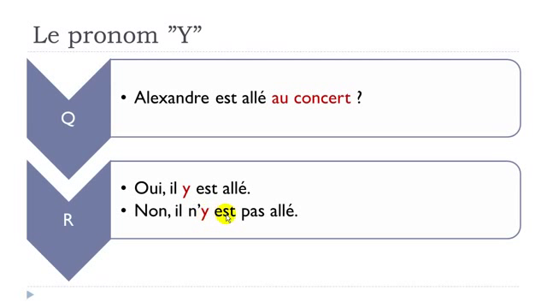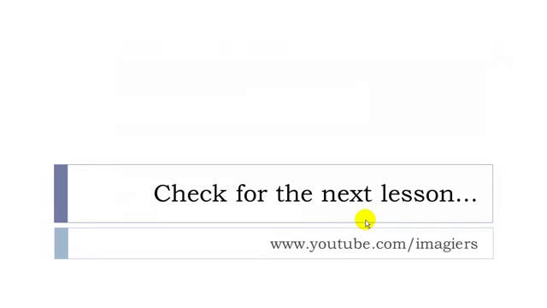Il n'y est, and then you put, as we saw previously in Unit 5, when I introduced the passé composé, you put this "pas" here between "être" and your participe passé form, okay? So, non, il n'y est pas allé. All right. I hope it was clear.